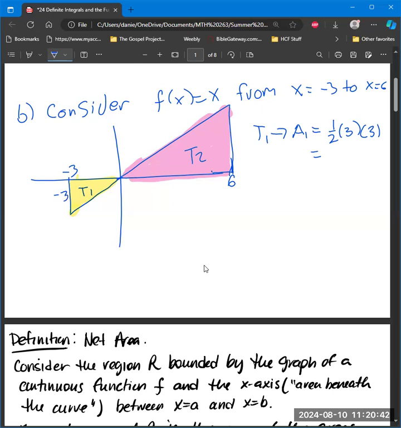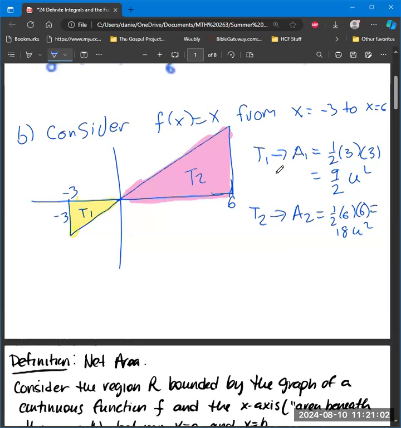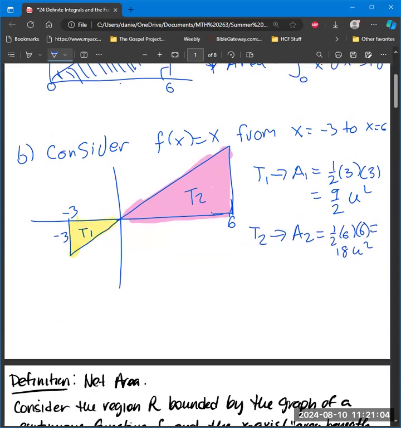So this is going to be 3 times 3 is 9 over 2 square units for the area, because area is always a positive value. For triangle 2, we're going to have area 2 is going to be 1/2 of 6 times 6. We already know that is going to be 18 square units. We did that one up here.